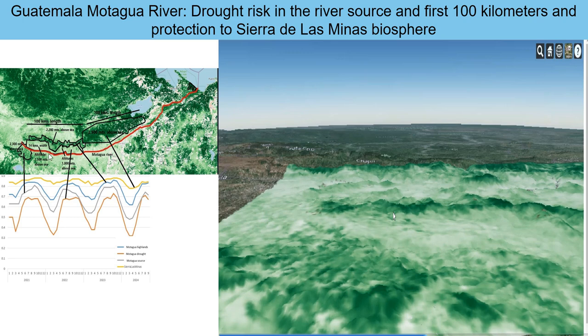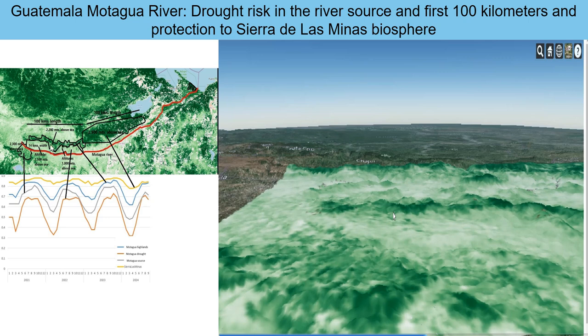The next region that we are going to research is 100 kilometers in length. These are the highlands of the river that still have a little bit of forestry coverage. This is the blue line, and we can see that it oscillates between 0.7 and 0.8, depending on the summer or the rainy season.